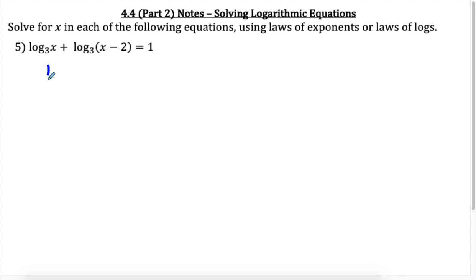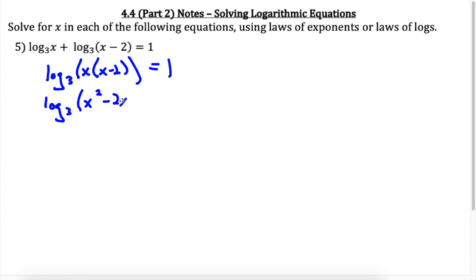So I can make this log base 3 of x times x minus 2 equals 1. I can go ahead and multiply that together then, and just make this log base 3 of x squared minus 2x equals 1.